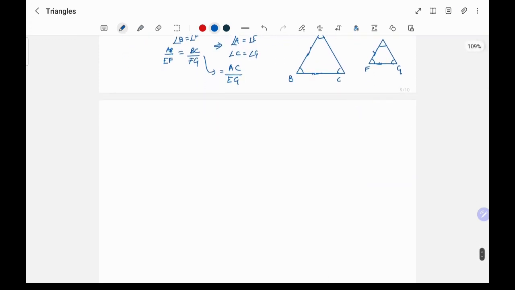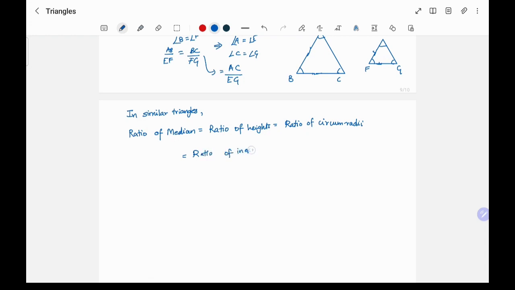You should also know that in similar triangles, the ratio of medians is equal to the ratio of heights, which is equal to the ratio of circumradii, which is equal to the ratio of inradii, which is equal to the ratio of angle bisectors.